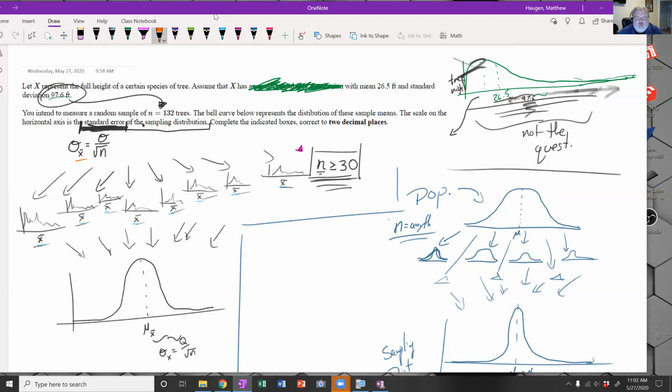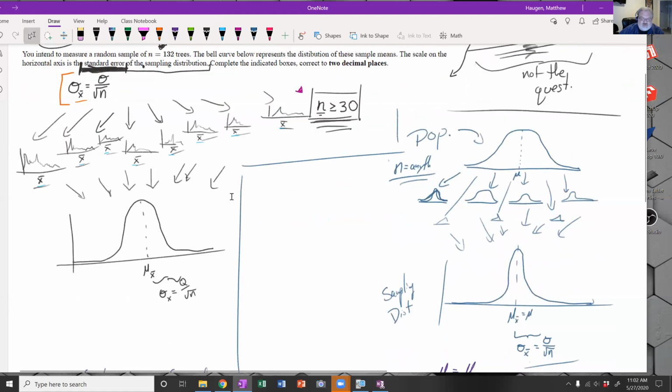It has a different formula we're going to use for standard error. So you want to separate the standard error for a distribution of means versus the standard error for a distribution of proportions that we'll work with in 8.2 tomorrow. The formula will be slightly different, but it will mean the same thing. And frankly, it looks the same.